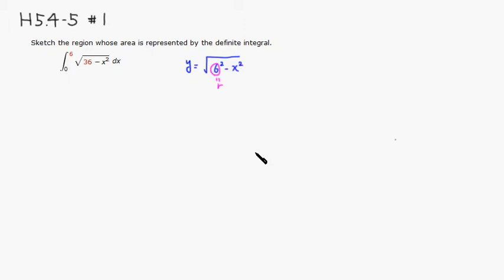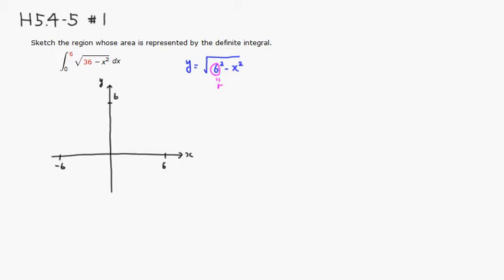So it should look something like this. You have the x-axis, and we'll have a y-axis. Remember that the radius is 6, so it's going to go through positive 6 here, and also negative 6 on the x-axis, and positive 6 on the y-axis.